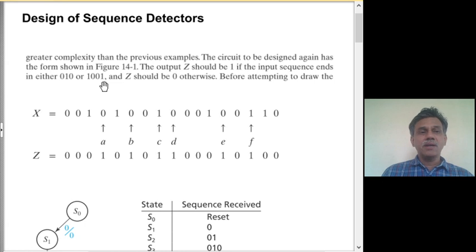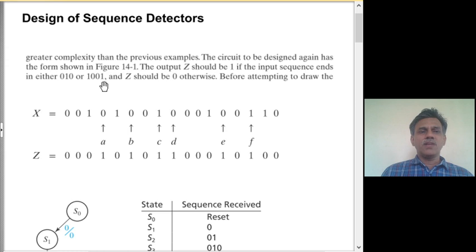So, whenever a bit in the input ends up with a sequence 0 1 0 or 1 0 0 1, at the same time when the last bit is given, we want the output to respond. By responding, we mean its value should change.